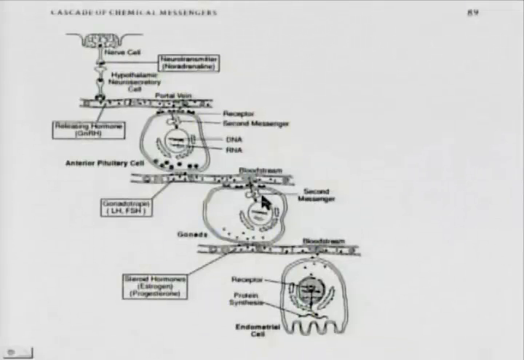We'll see that for both of these gonadotropins, cyclic AMP is also the second messenger, and this activates a series of enzymes triggering the synthesis of the hormones for the gonads, in this case estrogen and progesterone, obviously in the female.